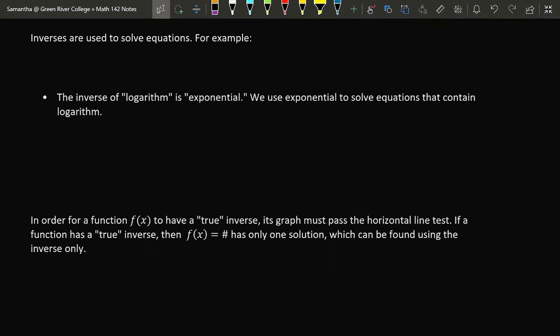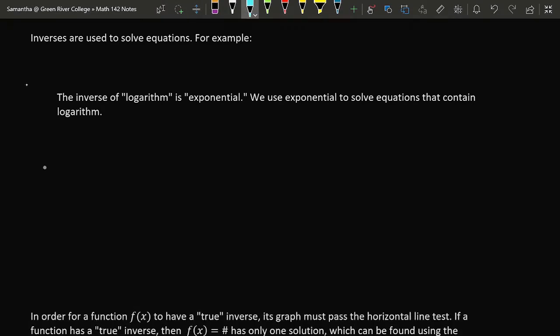For an example, in Pre-Calculus 1, you learned that the logarithm was the inverse of the exponential function. So suppose that we wanted to take an equation where we had an input value inside of the logarithm, and we wanted to solve this equation. We wanted to get t out from inside the logarithm.